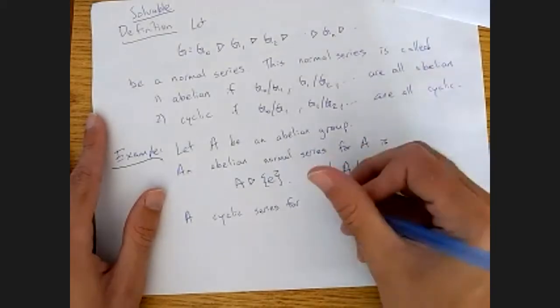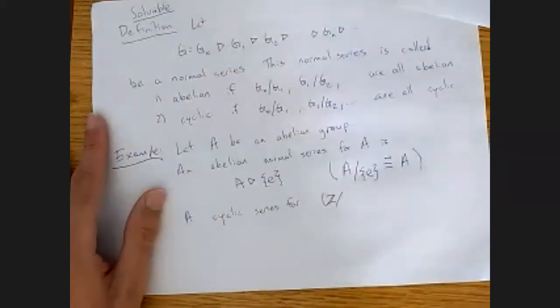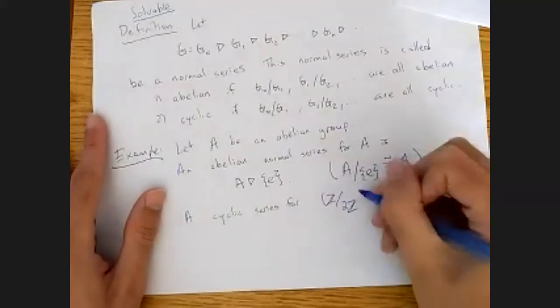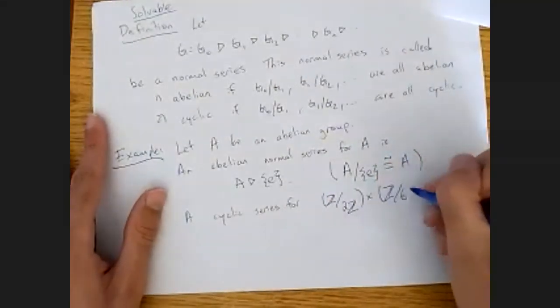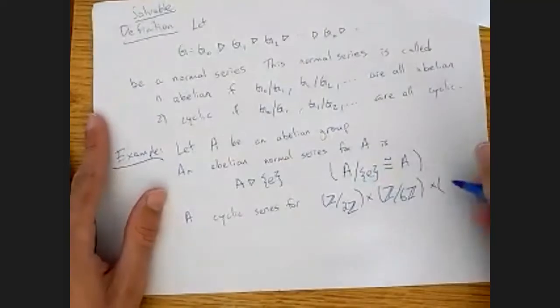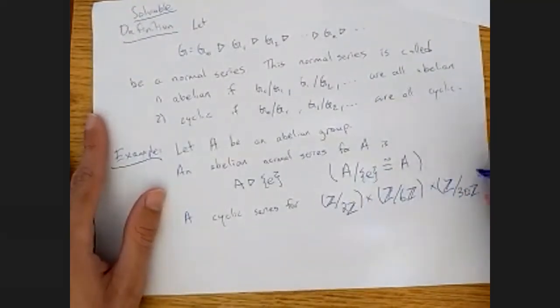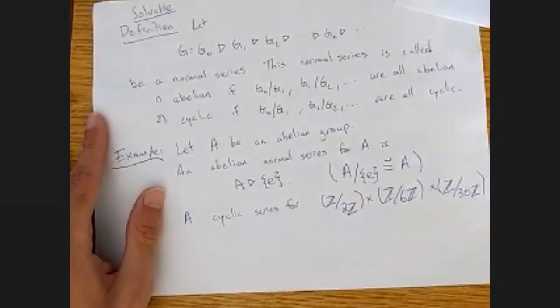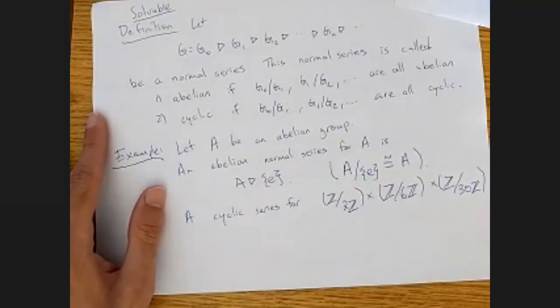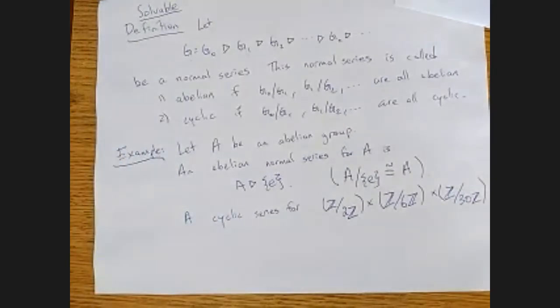Let's do Z mod 2Z cross Z mod 6Z cross Z mod 30Z. So this is a group. The elements of the group have 3 coordinates, and the first coordinate lives in the integers mod 2, and the third coordinate lives in the integers mod 30.